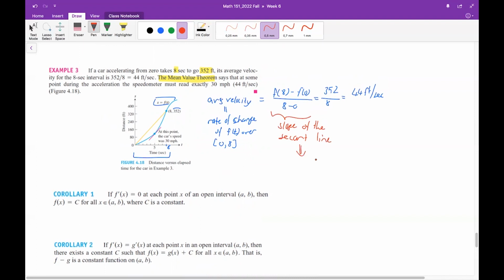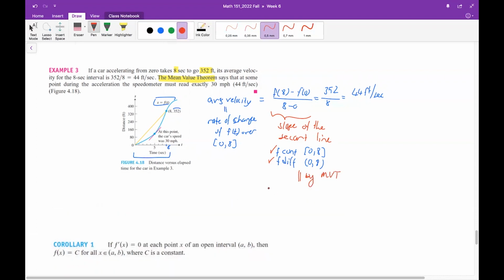So I will apply the mean value theorem here. First of all, let me indicate that I checked the assumptions of the theorem. f is continuous over the closed interval and f is differentiable over this open interval. Now that I have checked the assumptions, it's time to use the conclusion of the mean value theorem. By the mean value theorem, what do I have?